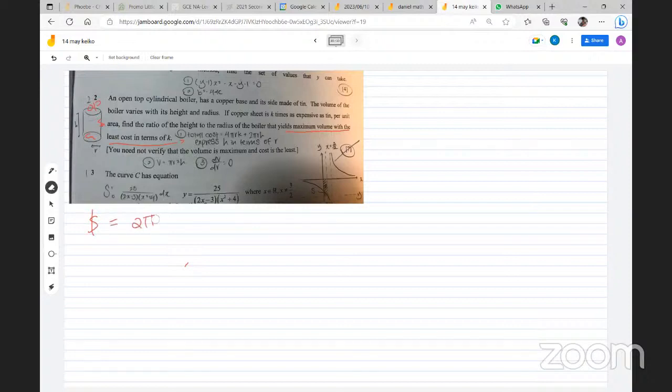I'm sorry, it should be pi r squared times k, k dollars, plus 2 pi r h times $1. Isn't that the cost of the thing? No?